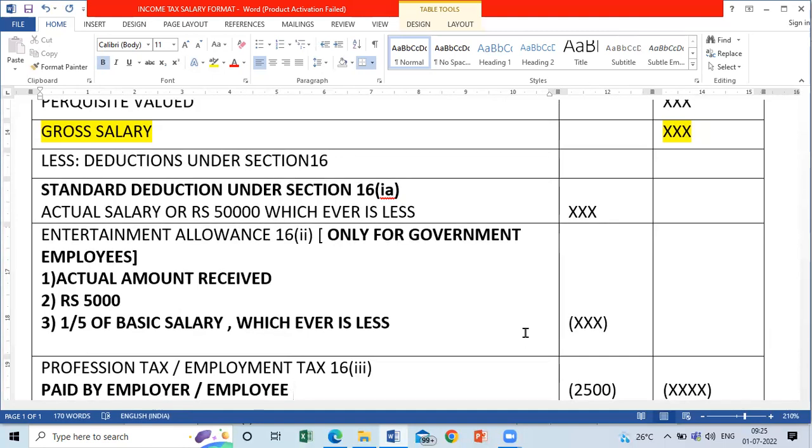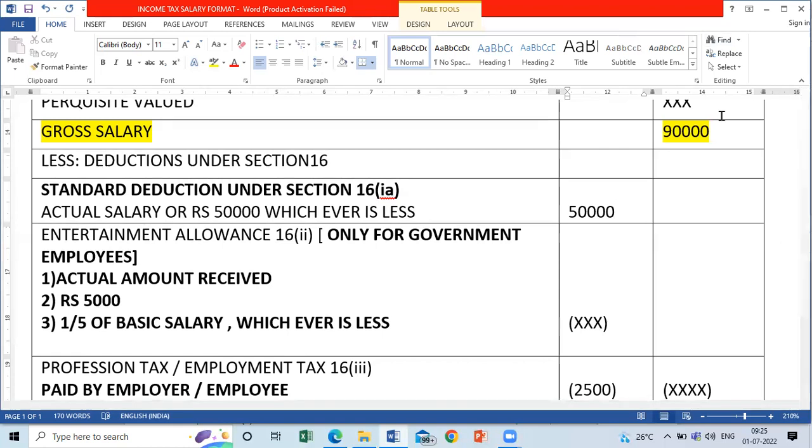डिडक्शन में पहला अमाउंट है आपका स्टैंडर्ड डिडक्शन अंडर सेक्शन 16(1)(a). अमाउंट इज एक्चुअल सैलरी रिसीव्ड और रुपीज 50,000 विच एवर इज लेस. So if my gross salary is 90,000, डिडक्शन आएगा 50,000.